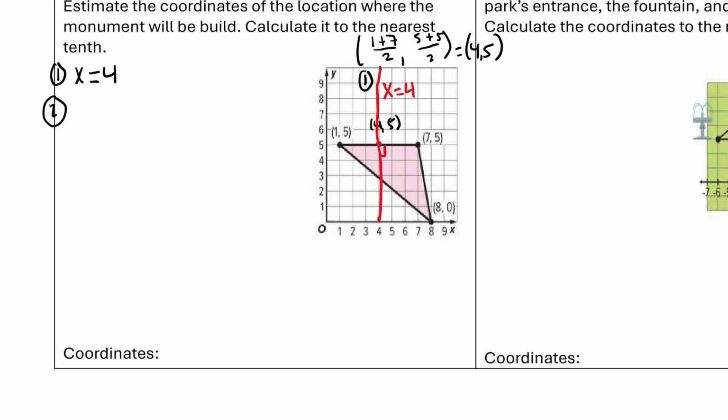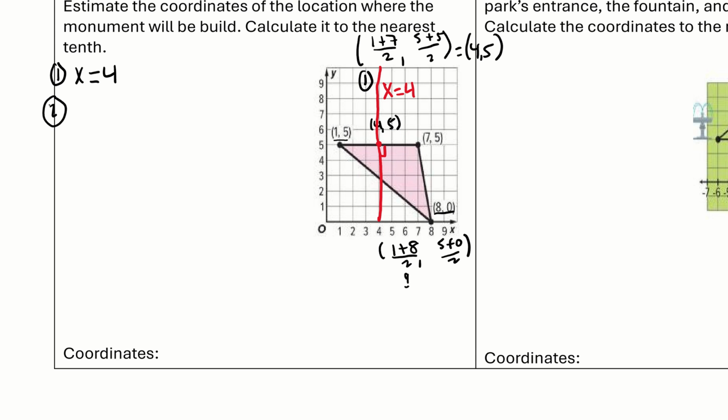Now we're going to get equation 2. Equation 2 is a harder one. So for equation 2, first off, let's find the midpoint of this guy. Let's take these coordinates, add them up, divide by 2. So 1 plus 8 divided by 2, 5 plus 0 divided by 2.